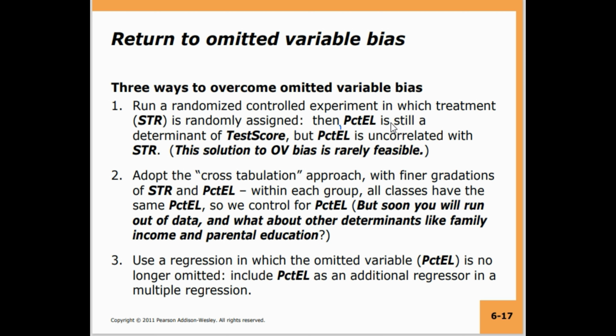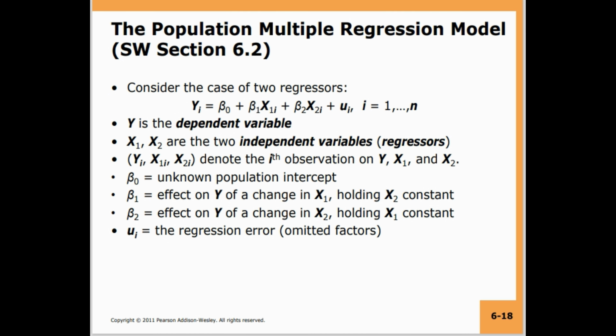The third one is the one which is most commonly done, in which the omitted variable, percentage English learners, is no longer omitted. It is included as an additional regressor in a multiple regression. This is done to get rid of omitted variable bias. So in the next lecture we will talk about the population regression model.